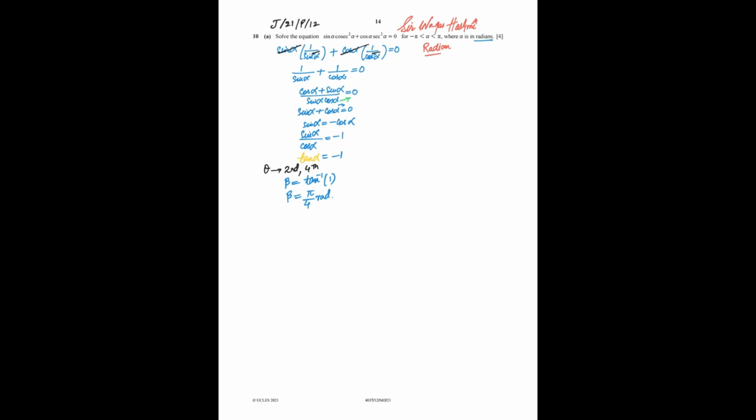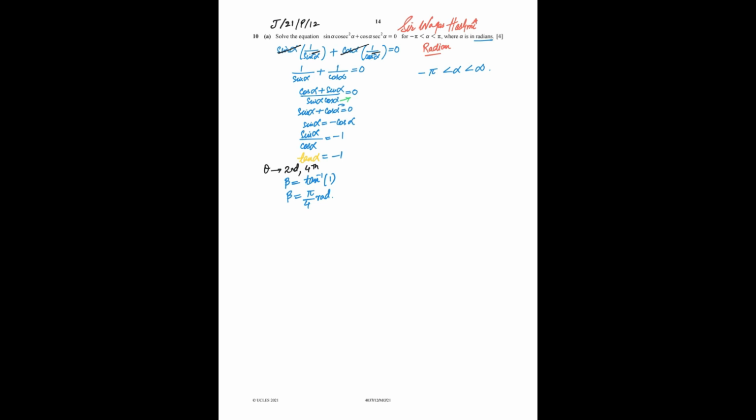Alright, so we know that we need to travel in the second or fourth quadrant, but the range of the question is not the same. It says in the question that it's from minus pi till positive pi. That means we also need to travel in the clockwise direction, because we have a negative sign on the angle, right?